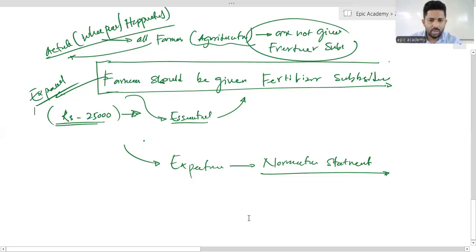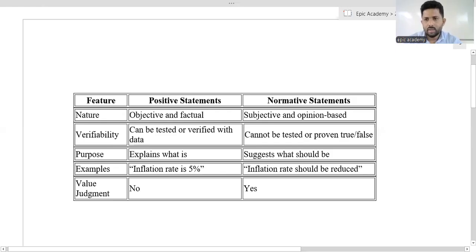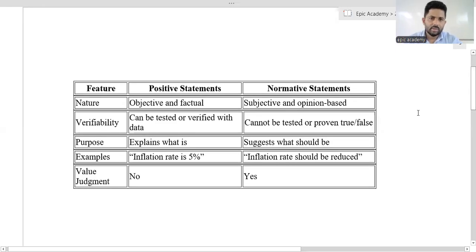Based on the described factors or evidence. First, the nature: the positive statement is based on the objective. Actually, it is what happened. This belongs to the actual scenario.